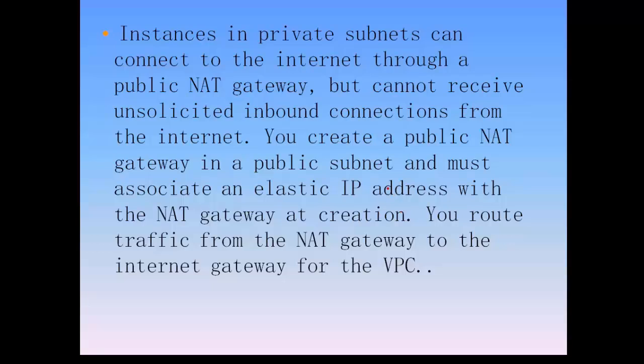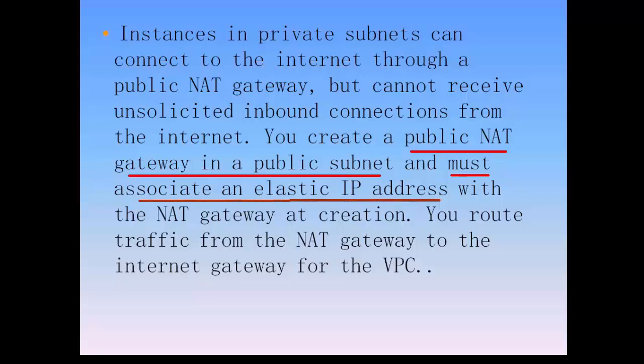So, first condition: a public NAT gateway in the public subnet. Second, you must associate an elastic IP address with the NAT gateway at creation. So when you create the NAT gateway, it must be associated with the elastic IP.